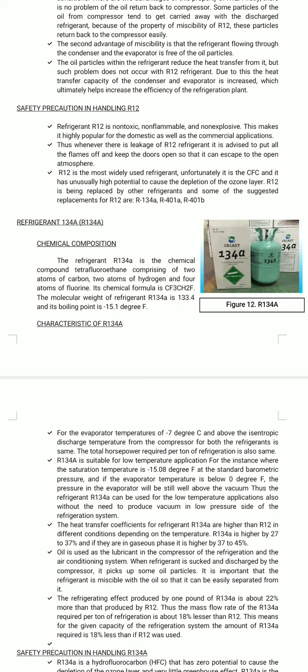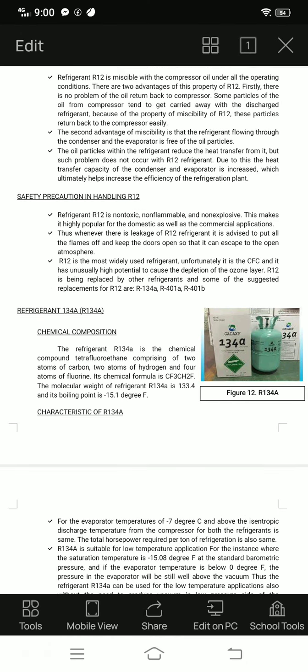Due to this, the heat transfer capability or capacity of the condenser and evaporator is increased, which ultimately helps increase the efficiency of the refrigeration plant. So R12 is used in domestic refrigerators and freezers, liquid chillers, dehumidifiers, ice makers, water coolers, water fountains, and transport refrigerators.